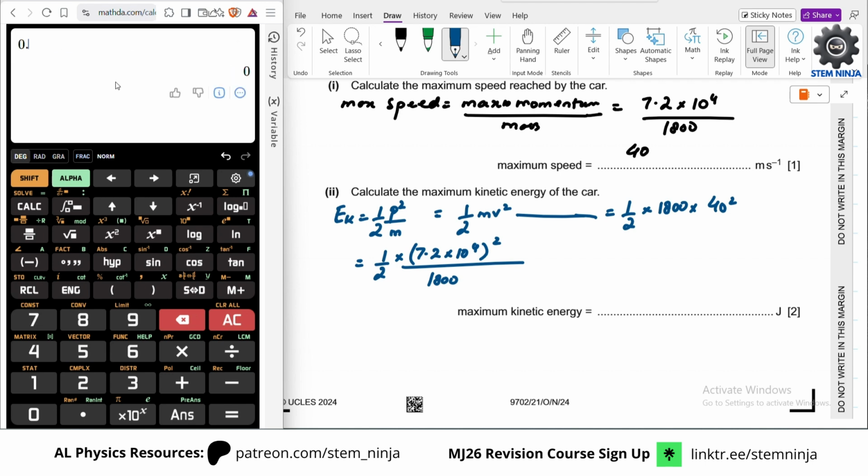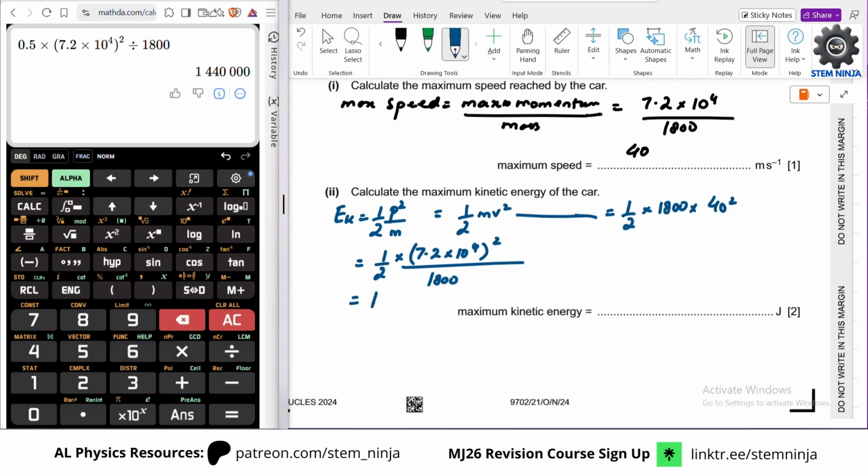So 0.5 times 7.2 times 10 raised to the power 4 whole squared divided by 1800, you're getting 1.44 megajoules.